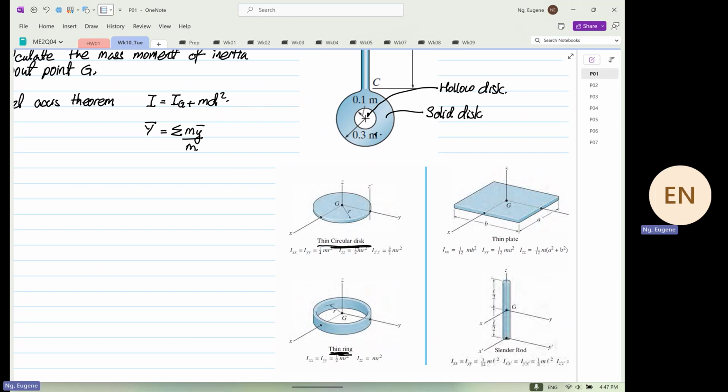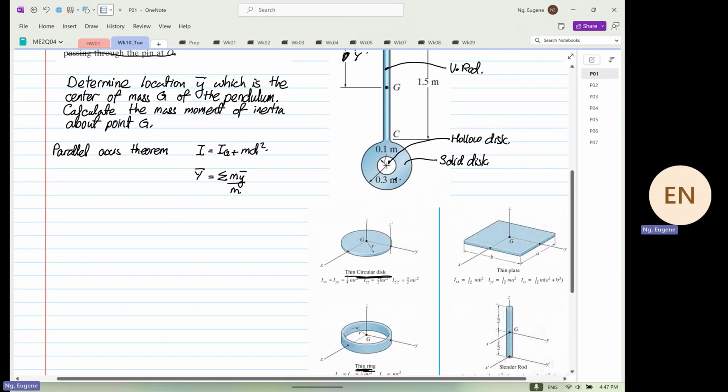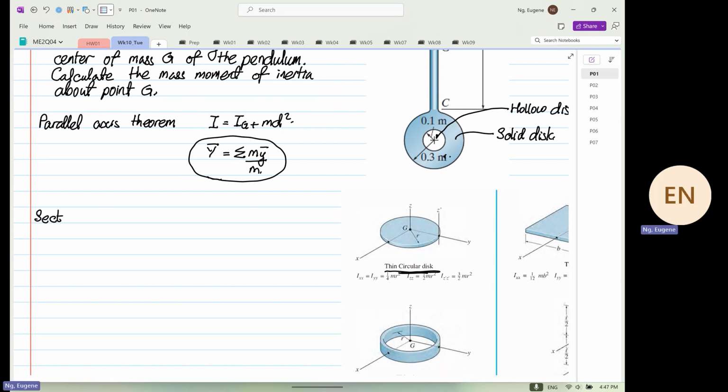To do this properly, you usually form a table, and we are going to apply this formula over here. So you have the section: H rod, your vertical rod, your solid disc, and your hollow disc.